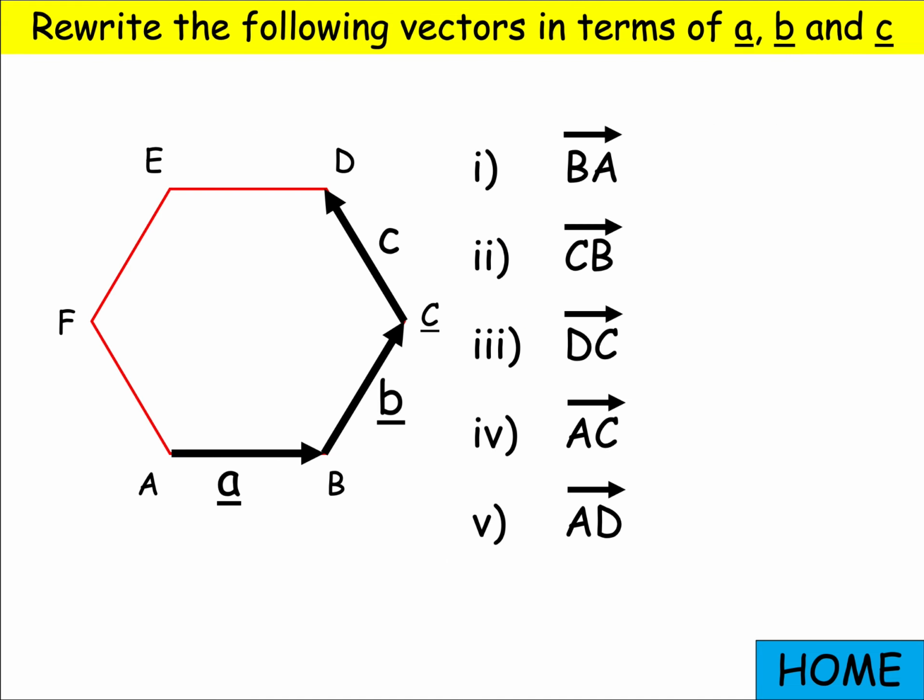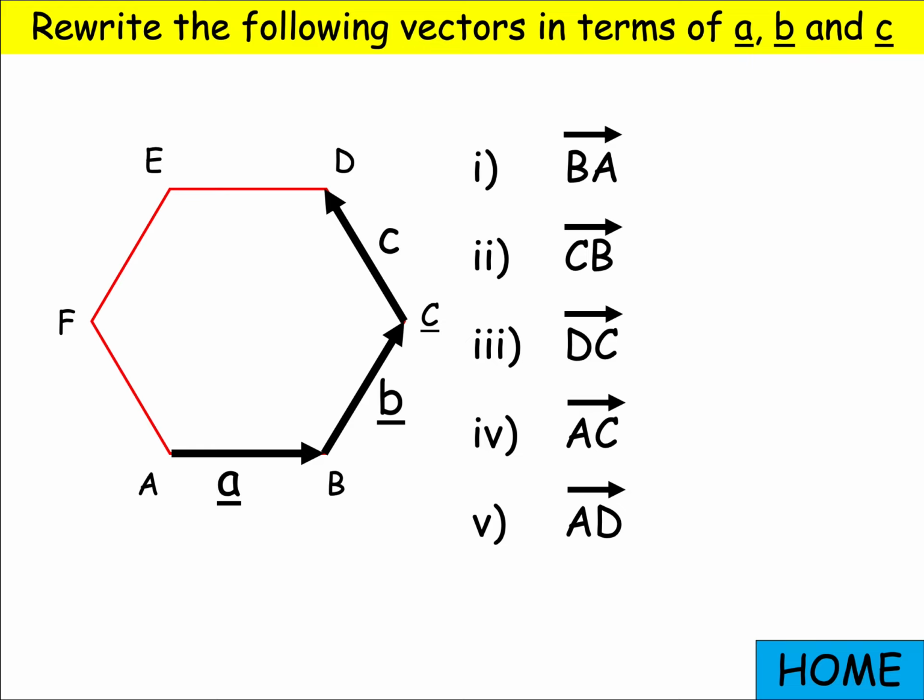Rewrite the following vectors in terms of a, b, and c. Here we have a hexagon. 3 of the sides are represented as vectors. AB is the little vector a, BC is the little vector b, CD is the little vector c.